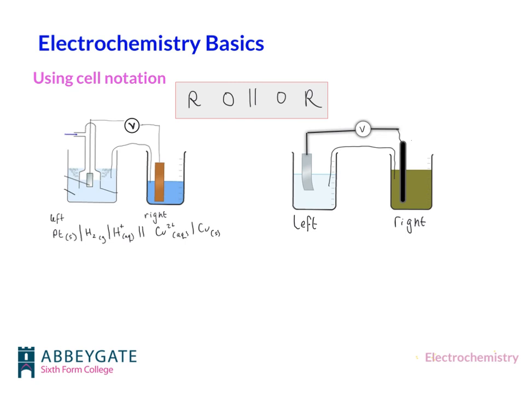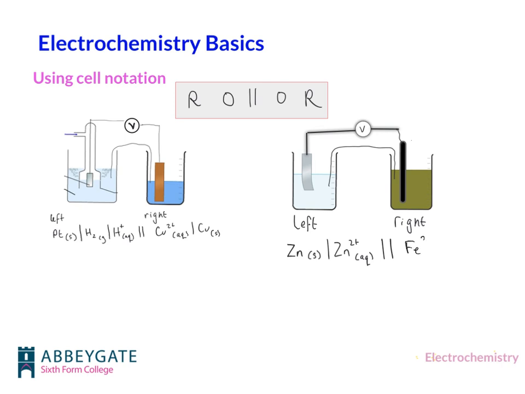And then if we have a look at this second cell, I've gone for a zinc half cell. So my reduced form is zinc metal, and that's in a solution of zinc 2+ ions. So I put a phase boundary and then the zinc 2+ and then the salt bridge.